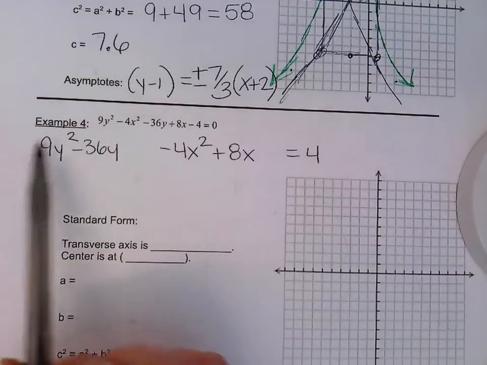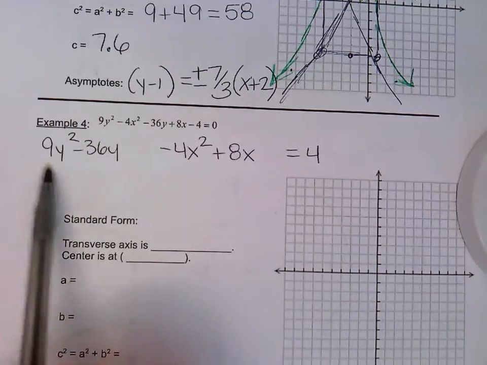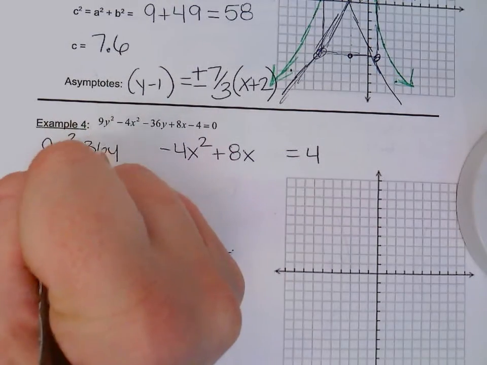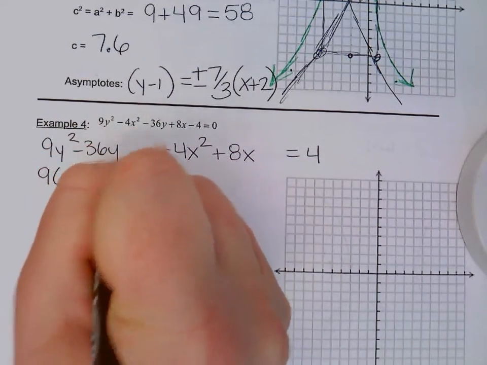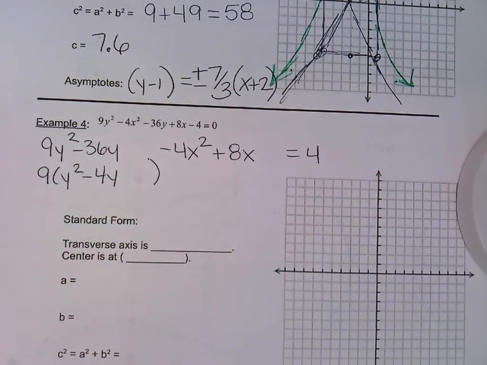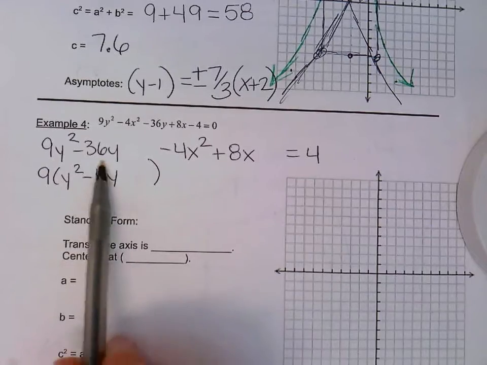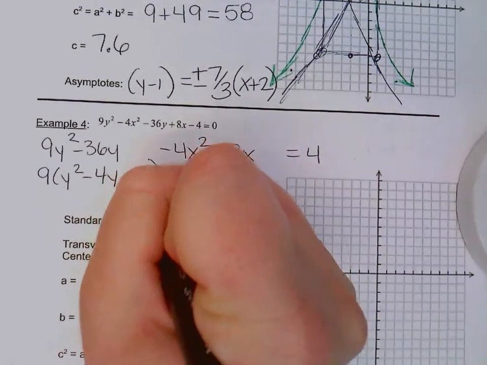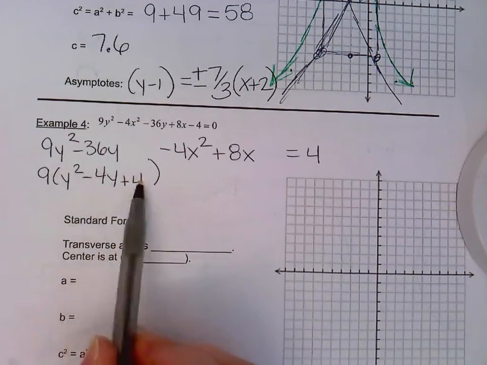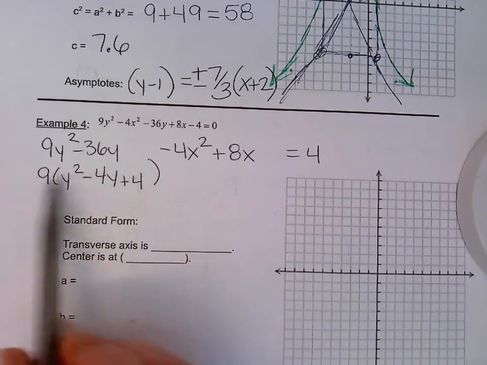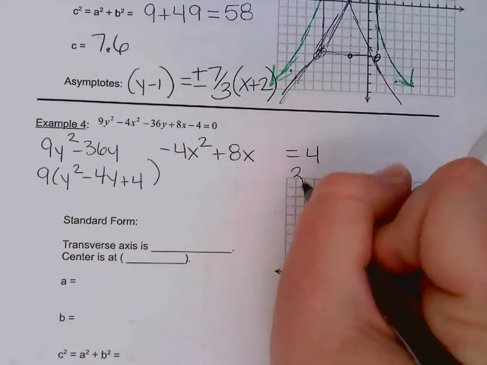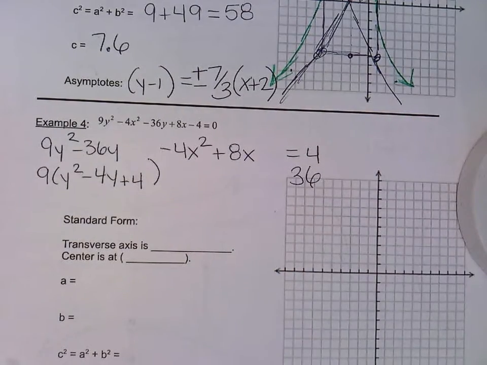You have to factor out your 9 from this part. So 9 times y squared minus 4y, just like with ellipses. To complete the square, half of this squared would be positive 4 in the parentheses, which translates to positive 36. 9 times 4 is 36, so I'm going to add 36 to the other side.